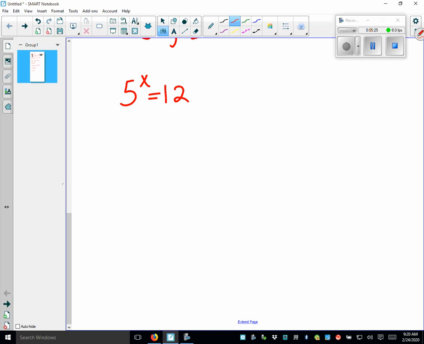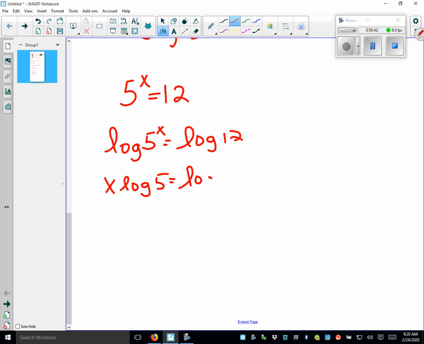So log of 5 to the x equals log of 12. Now what? x log 5 equals log 12.